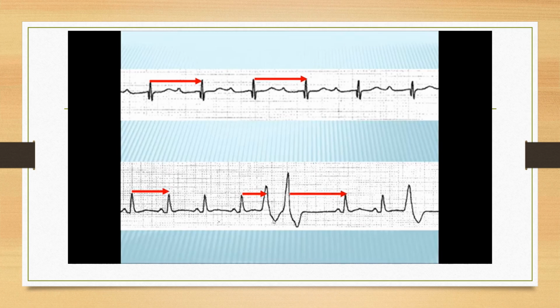As we can see on the below ECG, we have different RR intervals. The most common mistake of students on the exam is that instead of counting 5 RR intervals, they count 5 QRS complexes.